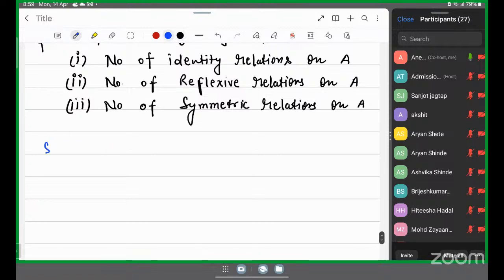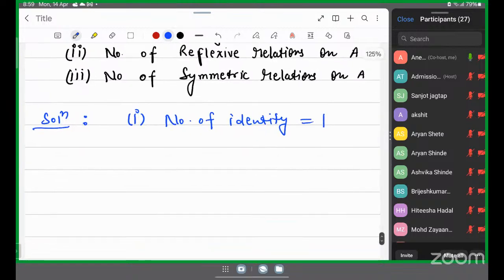So, what will be the answer for question number first? In question first, we want to have number of identity relations. There is one and only one identity relation possible on any set. Second is number of reflexive relations.